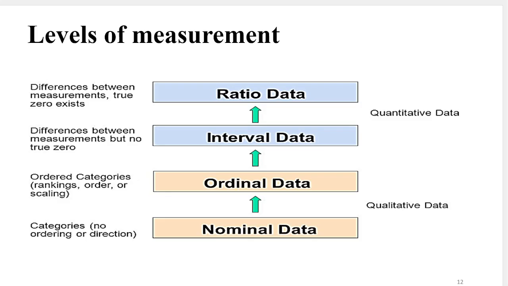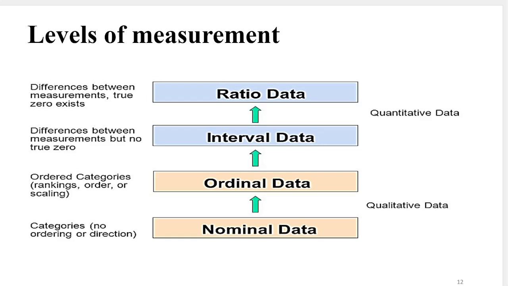Levels of measurement can be arranged in a hierarchical order known as RINO, which stands for ratio, interval, ordinal, and nominal. Rank it from the highest to the lowest level of measurement. This hierarchy shows that each higher level includes the properties of the levels below it.